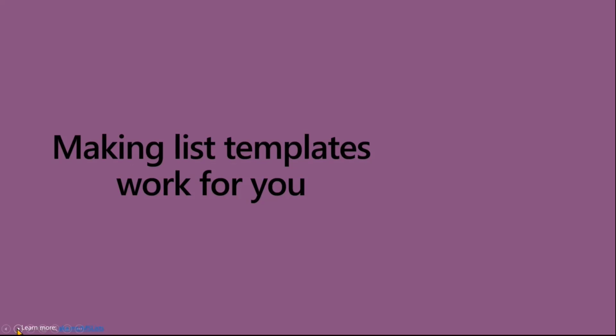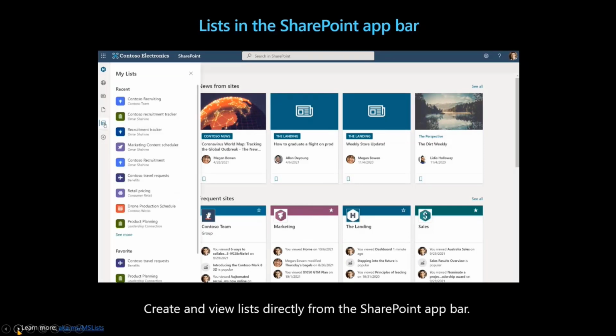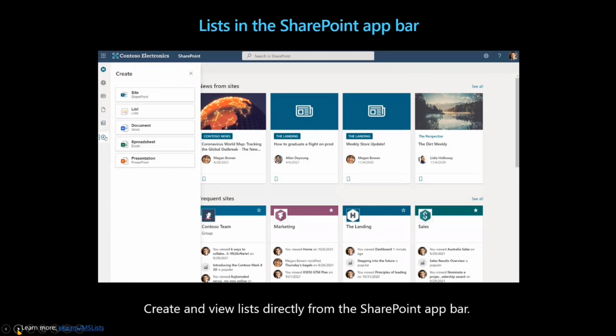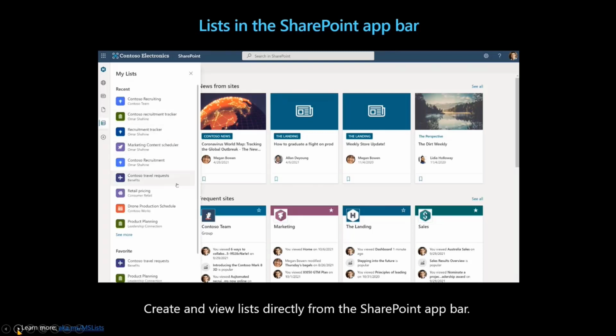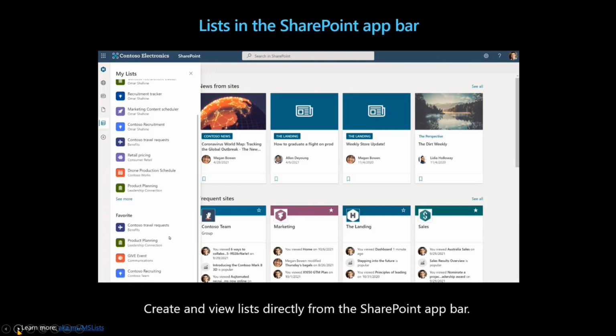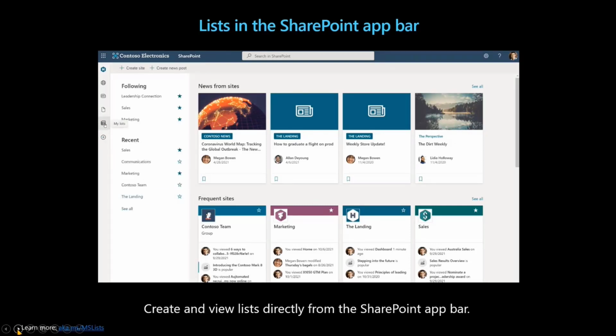But before I dive into the demos, I did want to quickly run through some of the features that are currently rolling out as part of our list templates as well as the list creation spaces. So the very first thing, something I'm always excited about, is that lists are now going to show up as part of the SharePoint app bar, which means that as you can see from the demo showing on the slide, when you go to the SharePoint app bar and click into the list tab, you should be able to see all of your recent lists as well as your favorite lists show up there.